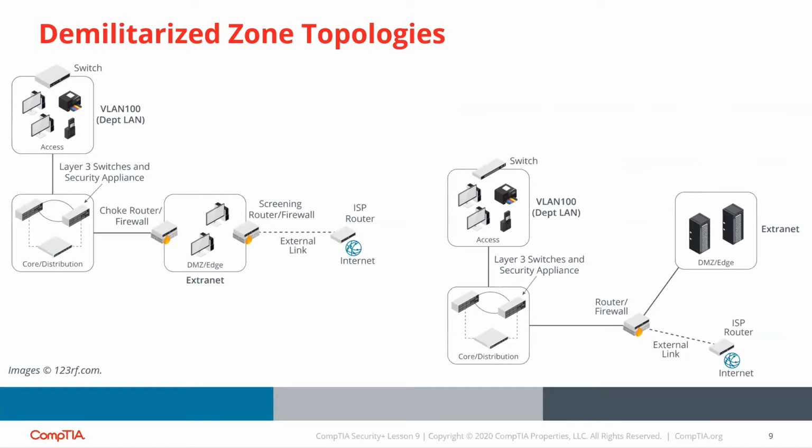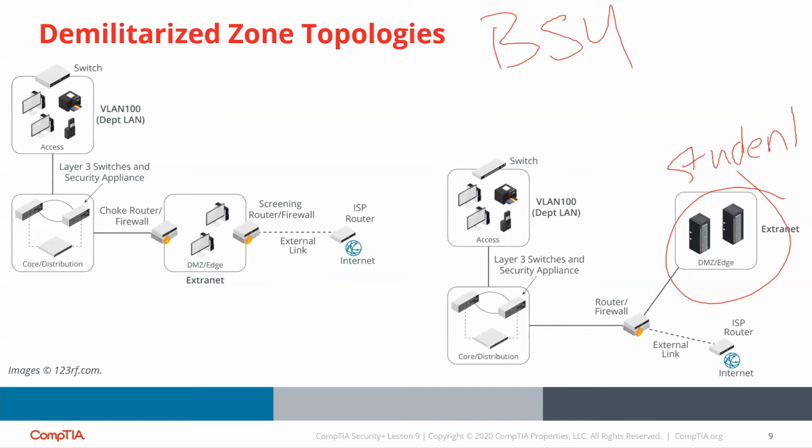Now, our extranet, this is another private network, right? It's similar to our intranet. However, we share our extranet with other parties. Okay, if we were Bowie State University, BSU, we may have an extranet for our students to log in and turn in assignments.